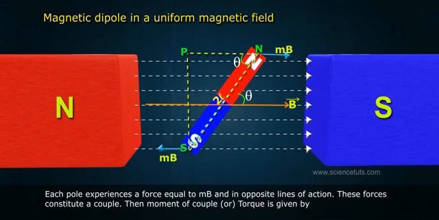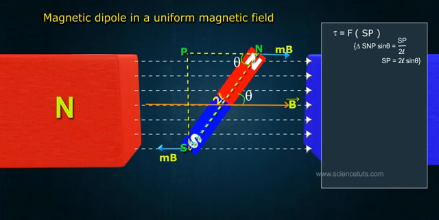Then the moment of couple or torque is given by tau is equal to F into SP. From triangle SNP, sin theta is equal to SP by 2l. SP is equal to 2l sin theta.